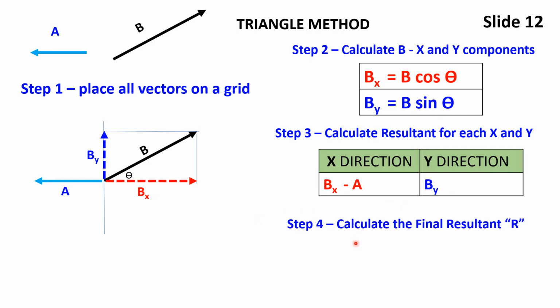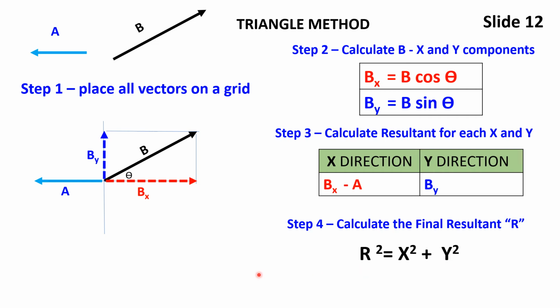Let's go to step 4. Now we finally calculate the resultant, using the Pythagorean theorem. So R squared will be equal to the final component for X squared plus the final component for Y squared.